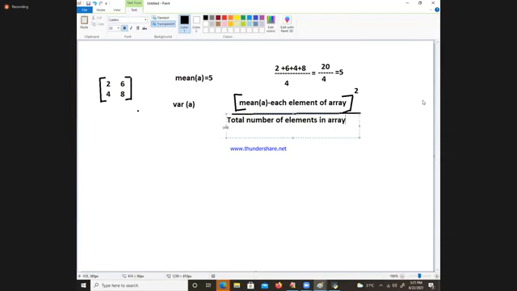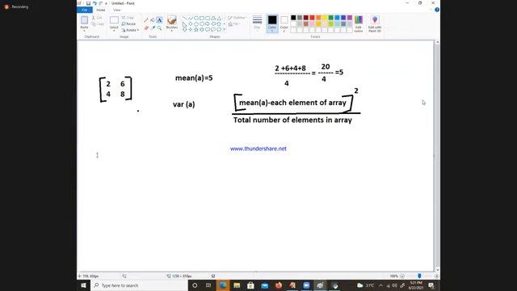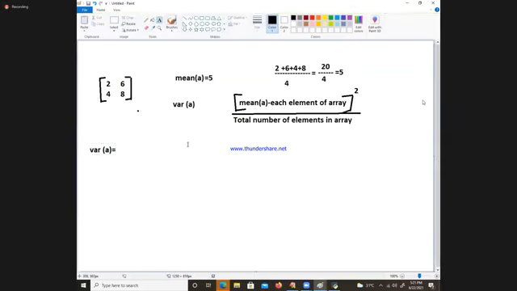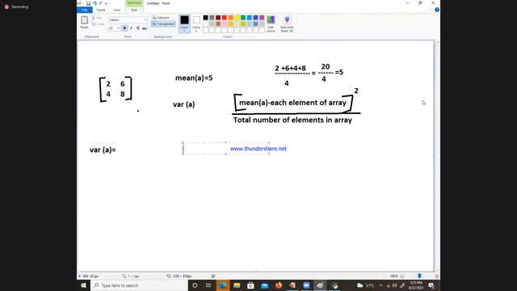Then apply. Variance of A is equal to... the mean of A is 5. 5 minus each element of A, first 2, square.